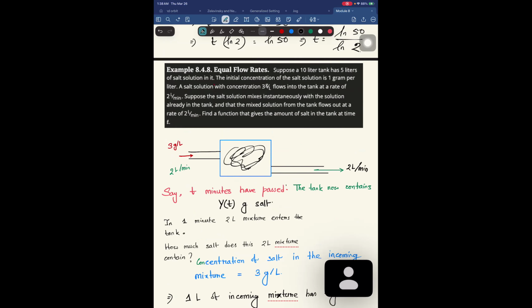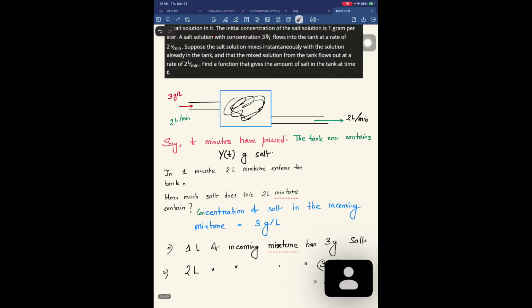So initially the tank had 5 liter of solution, right? Now 2 liter coming in, 2 liter going out in every minute. So what is the net change of the volume of the solution inside the tank? It is still 5, right?